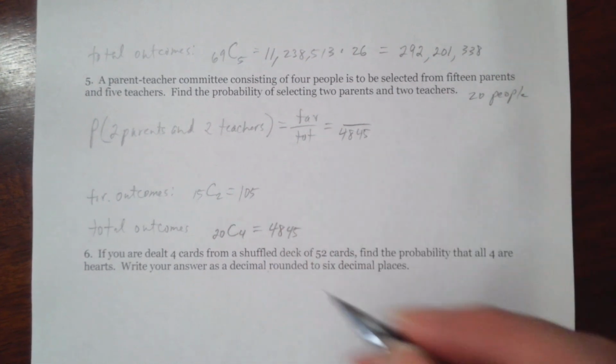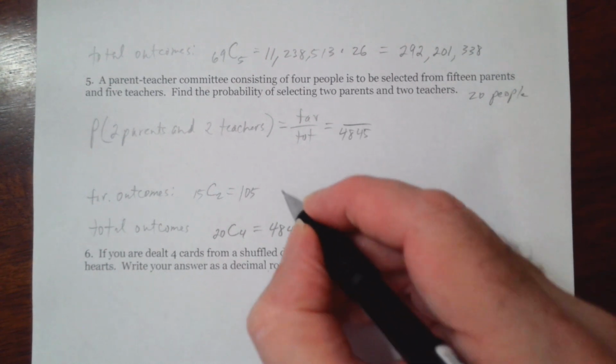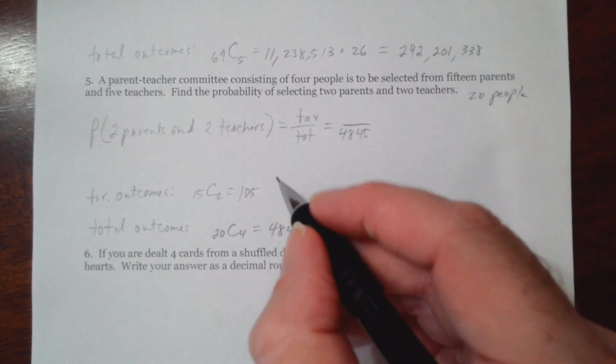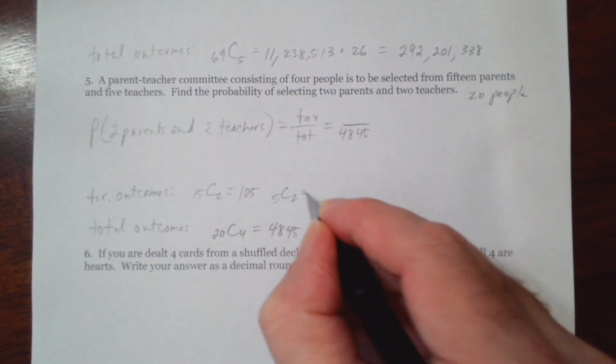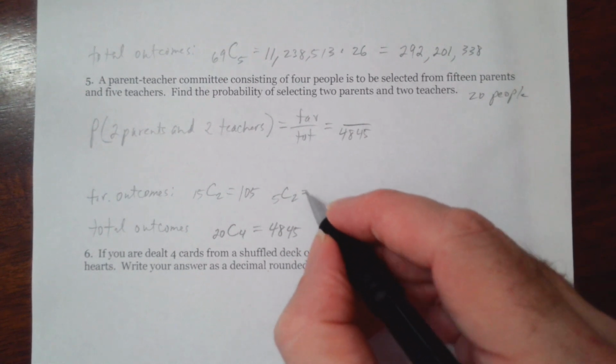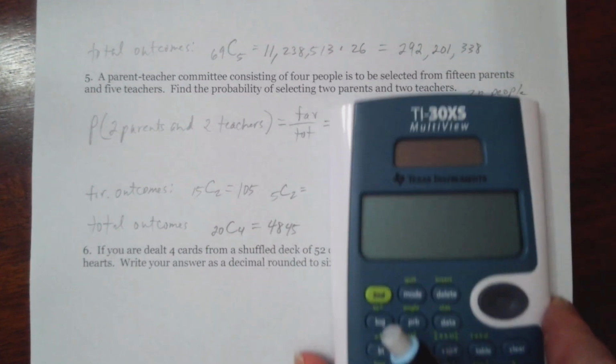Now, that's just the number of ways to choose the 2 parents. To choose the 2 teachers, notice there's 5 to choose from, so that's 5 choose 2. And if you figure that out on your calculator, I didn't do any of these, but I guess I could do one of these real quick.